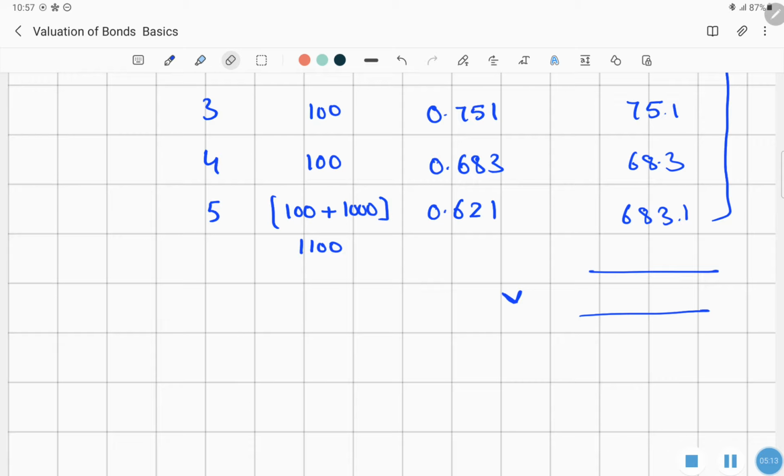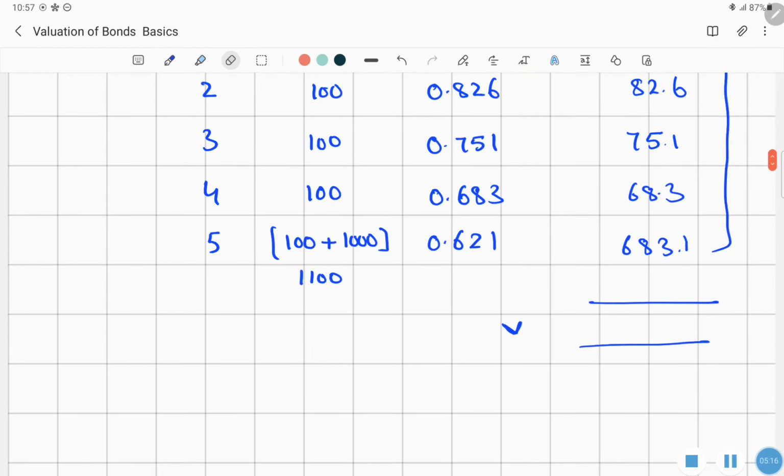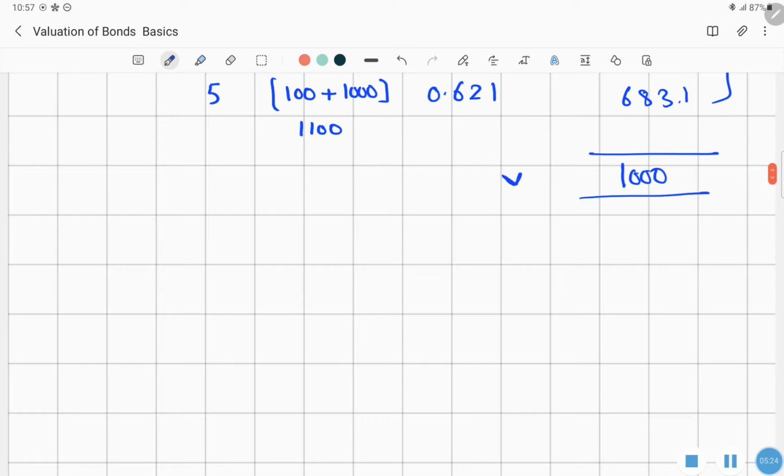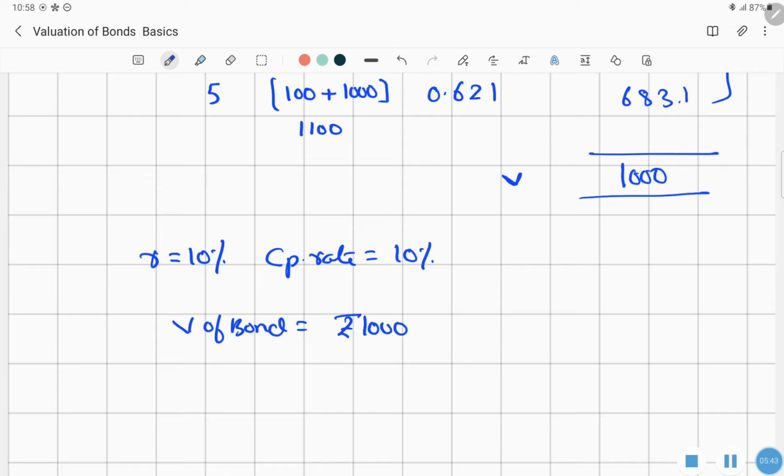So when this PVCF is added, we'll be getting a value of about 1000. It means that when the required rate of return is 10% and the coupon rate is 10%, we find that the price or value of the bond remains at 1000, which is equal to the face value of the bond.